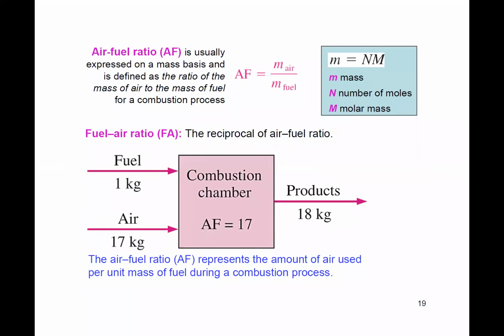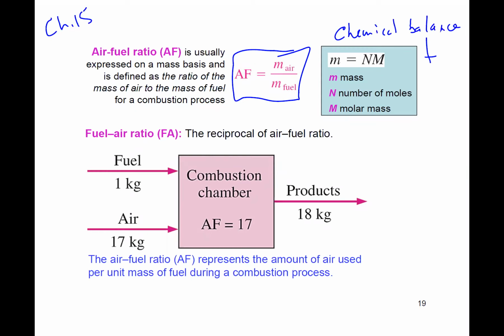All right, so now we have chapter 15. Okay, big ones were air to fuel ratio. Okay, mass of air over mass of fuel. Okay, so we set up our chemical balance. And that would get us moles, right?